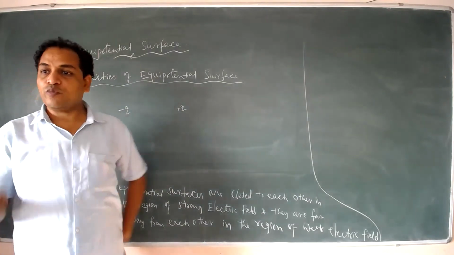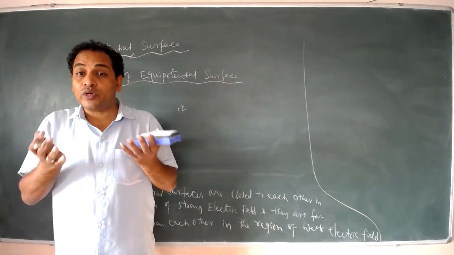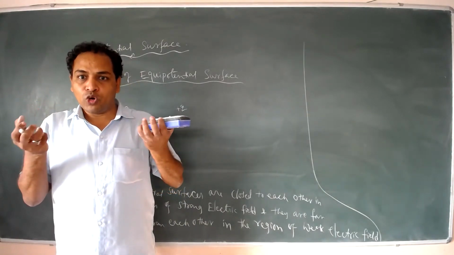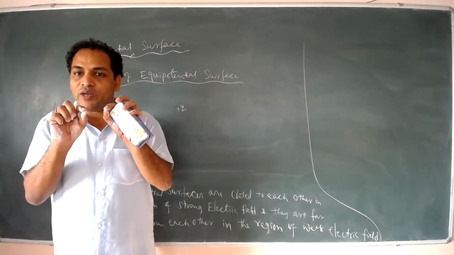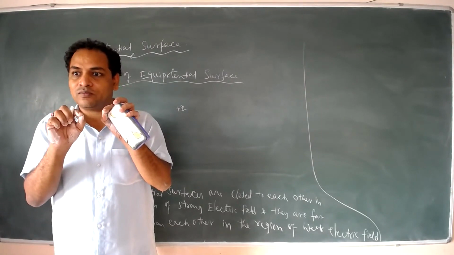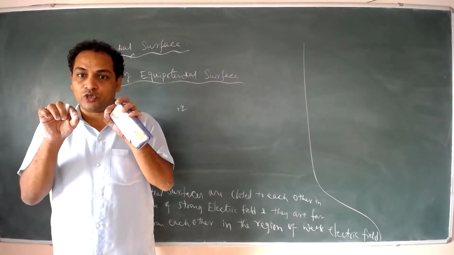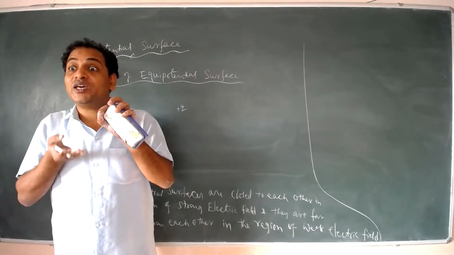Potential means what? If both positive charges are coming nearer to each other, then the positiveness is increasing. Suppose I am keeping two positive charges near each other. Then between these two, positiveness increases, so their potential increases.